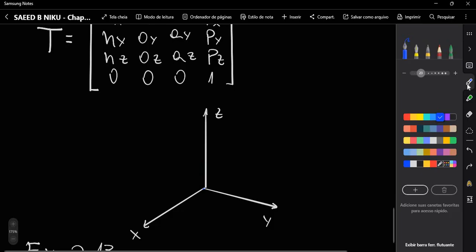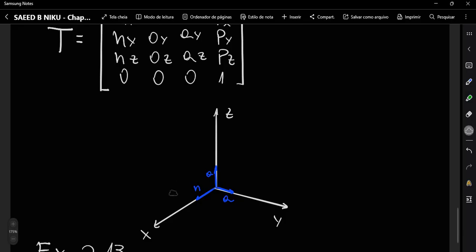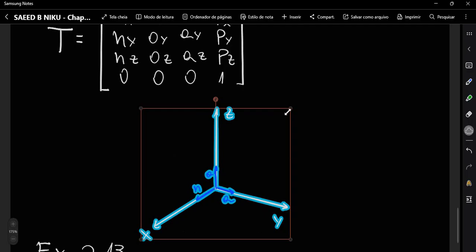We have another reference system, which is the NOA. Right here is NOA. These are reference systems.